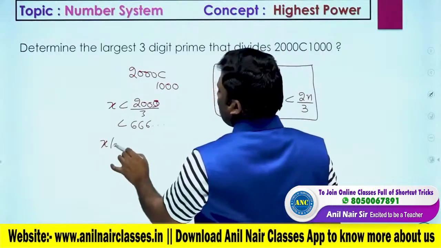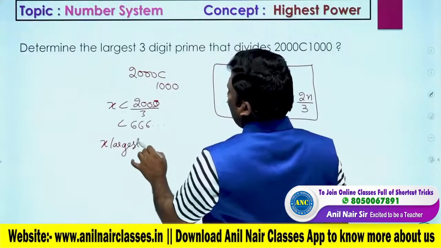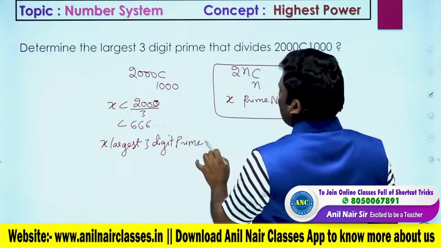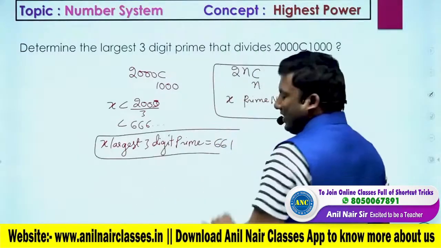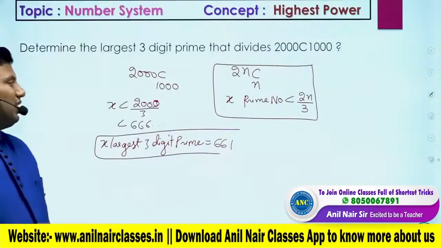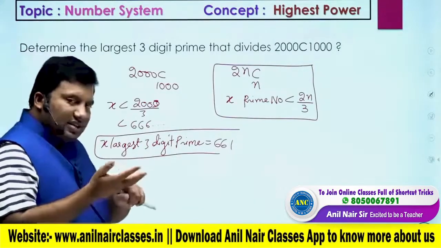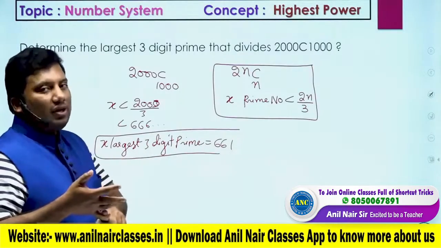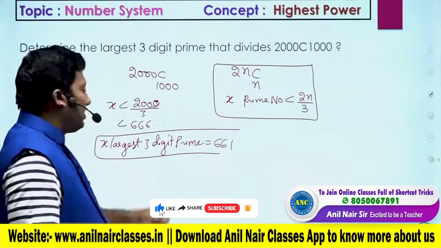So the largest 3-digit prime number less than 666 point something is 661. Sorry, I said 366 point something, it is 666. The largest prime number just less than 666 is 661. 665 is divisible by 5, 664 is even, 663 is divisible, 662 is even, so 661.